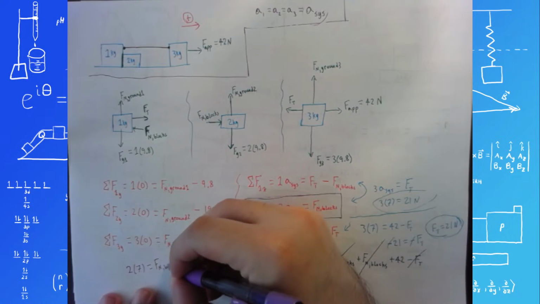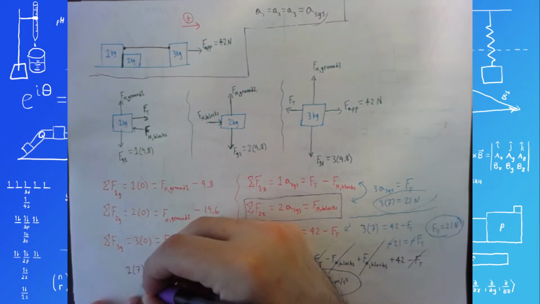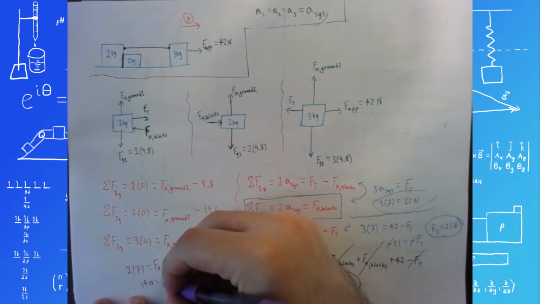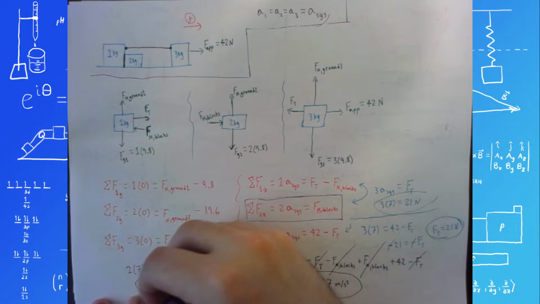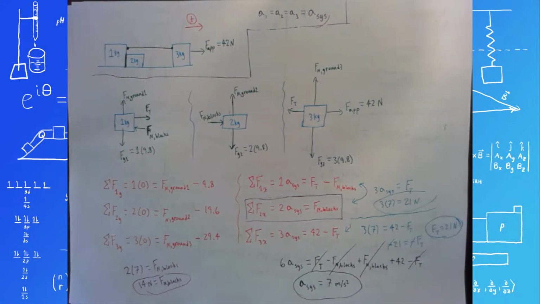If we're being honest, I didn't even have to write it out. I think you can all do 2 times 7 in your heads. But if this was on the AP exam, you would want to write it out. You wouldn't just want to write down 14. And there we go. So we've got a 14 newton force between the blocks.